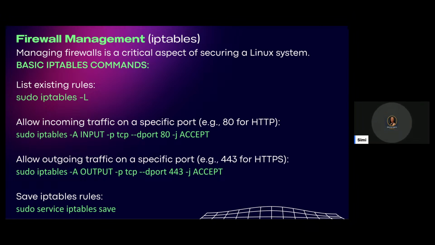By default, if you have your iptables enabled and you don't specify a rule to accept or deny a particular connection, it will automatically deny it. But once you specify that it should accept, then it's going to accept. That's why, like I mentioned, most organizations don't bother configuring iptables on their EC2 instance.